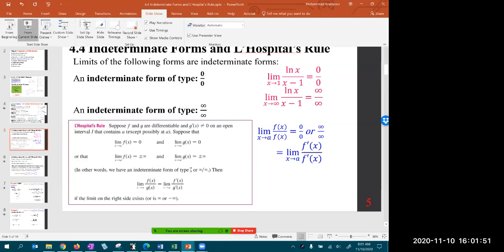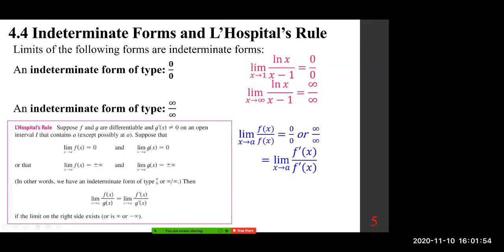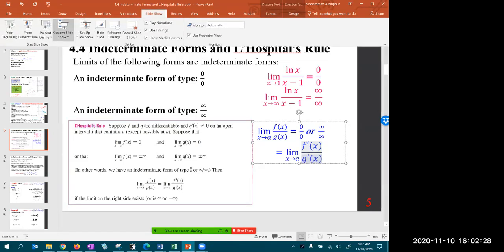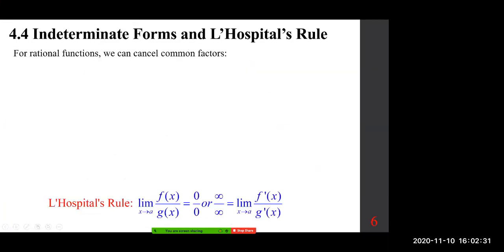In short, when you want to take the limit, if the result is 0 over 0 or infinity over infinity, as we come across often, then we can replace the f and g, this is f and this is g, with their derivatives and do the math. That's the idea behind L'Hopital's rule.